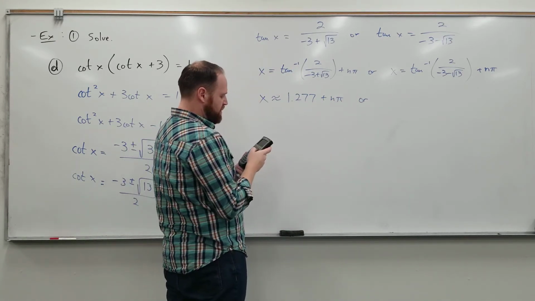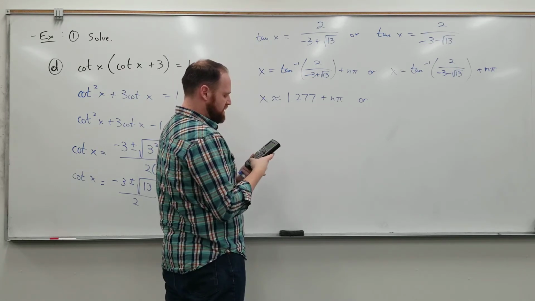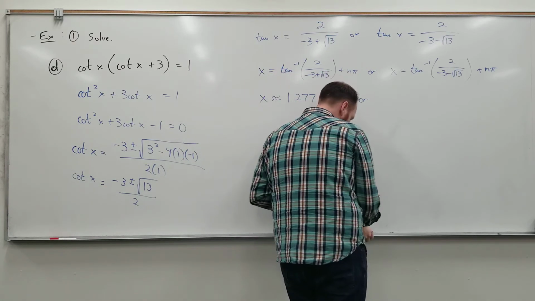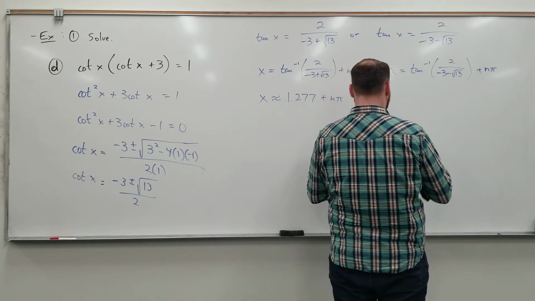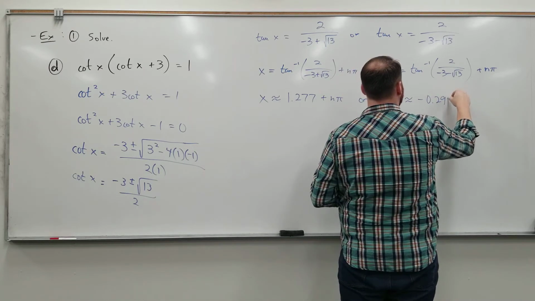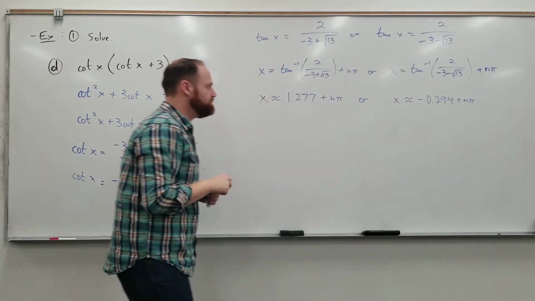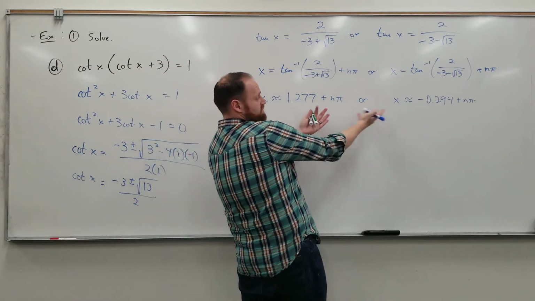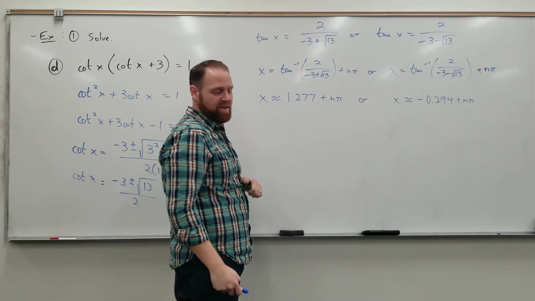Same thing again, but with a negative 3 minus root 13. Okay, and I'm getting, for that one, about negative 0.294. So if you're looking for all of your solutions, right, there they are. That's all of them. That's all infinitely many of them, okay?